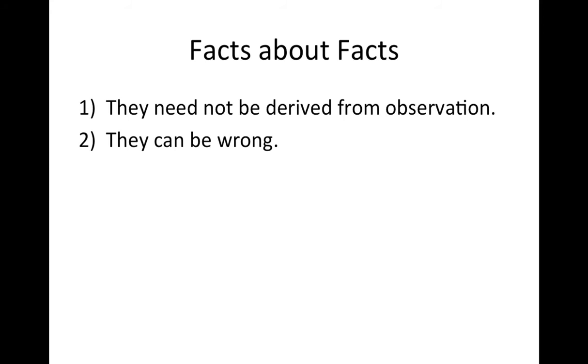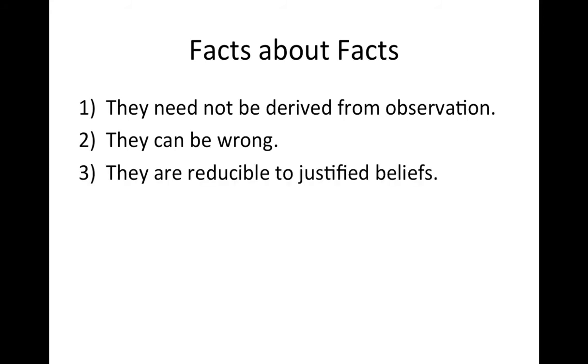They can be wrong, even if they are assumptions, and they are reducible to justified beliefs. So it might be upon further exploration we have to question these facts about facts, which makes it very interesting. Because what we're doing is reasoning to arrive at factual information about what factual information is in itself.